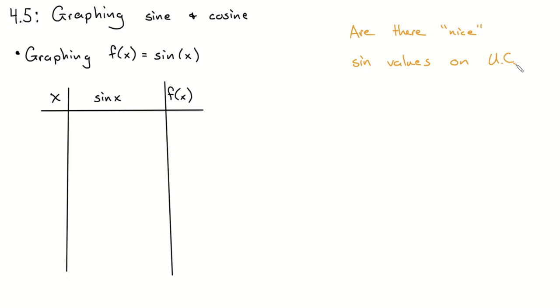I'm going to say UC for unit circle. So that's like an open question right now. Chat with your neighbors. I'm going to give you like 45 seconds. Are there any points on the unit circle where the sine is nice and easy and convenient? You should have found 4 right off the bat. And I agree.